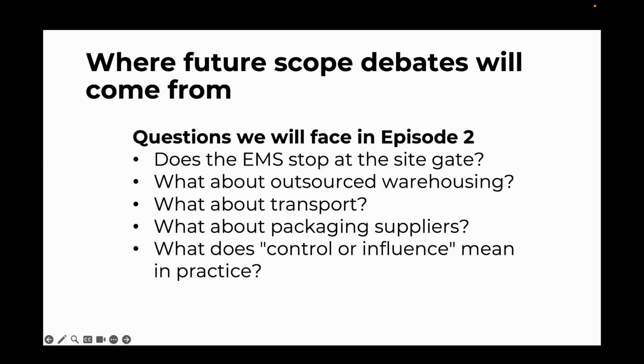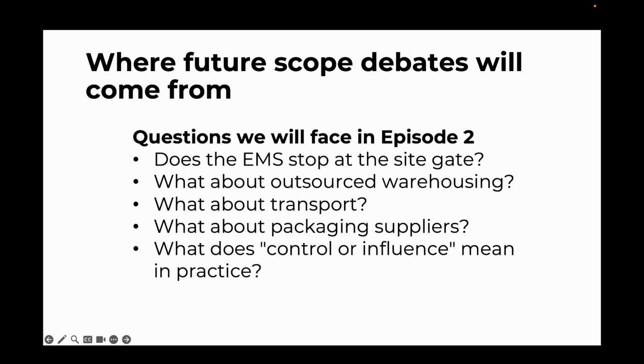Now we arrive at the edge of the next episode. So once we understand the company, we can no longer pretend that scope is just a sentence copied from another certificate. So does the EMS stop at the factory gate? What do we do with outsourced warehousing during peak season? What about transport providers?